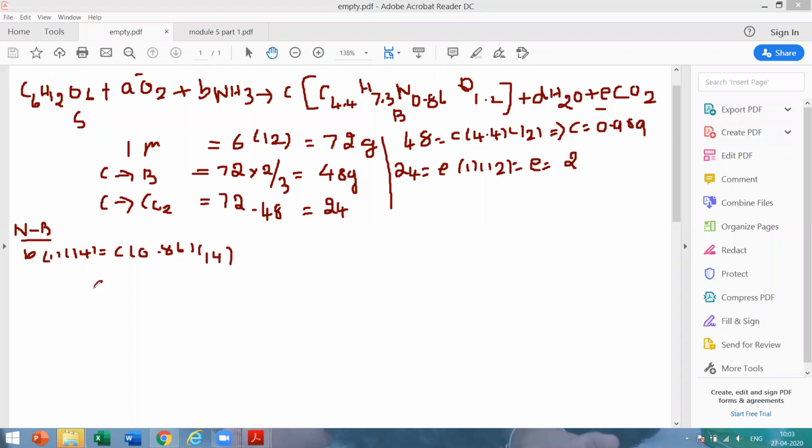So you will get B as 0.909. And the next thing we will do is the hydrogen balance.